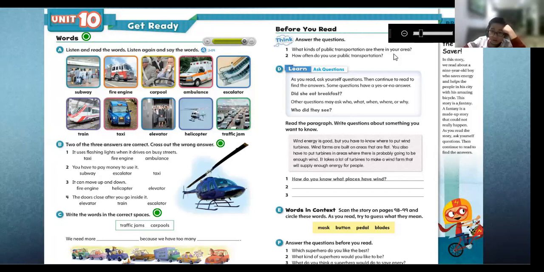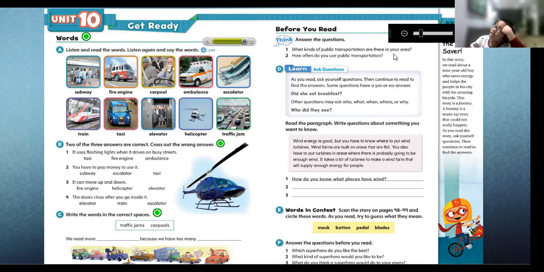What kind of public transportation, like do you have a taxi? Do you have a train station or train?